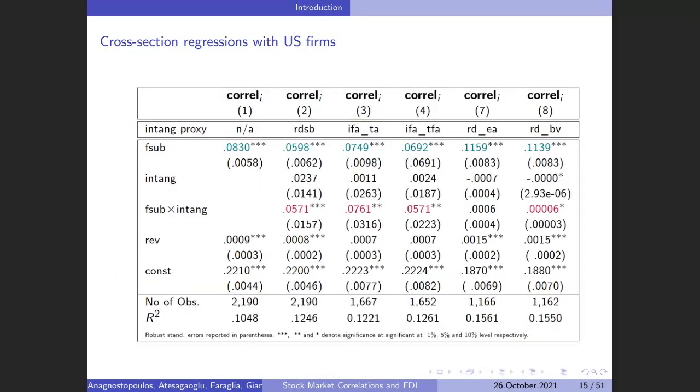There are different types of regressions that you see here, but I would like you to focus on the third and the fourth columns. Here, the explanatory variable is whether you have foreign subsidiaries or not. It's a dummy variable because in the Orbis data we can only see if you have foreign plants or not. We cannot see the level of FDI. Then there is intangible capital, the R&D level you have.